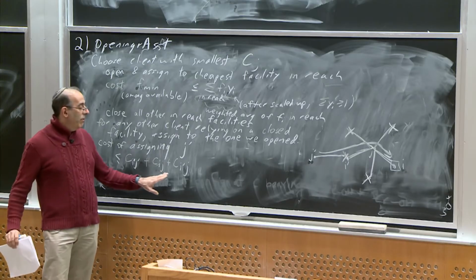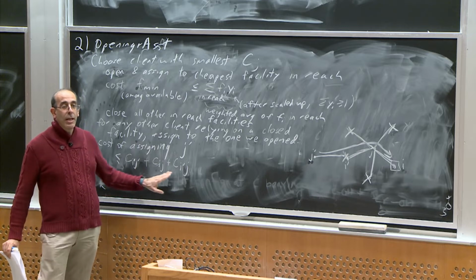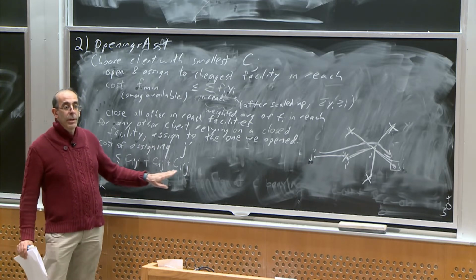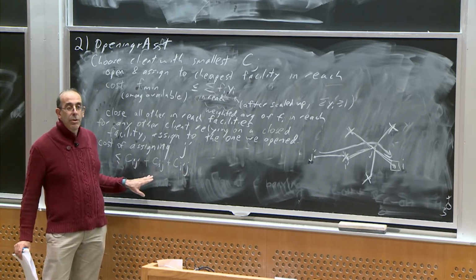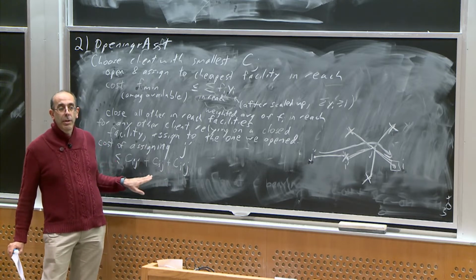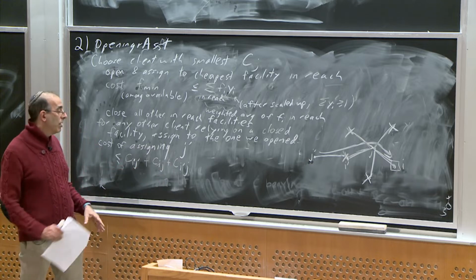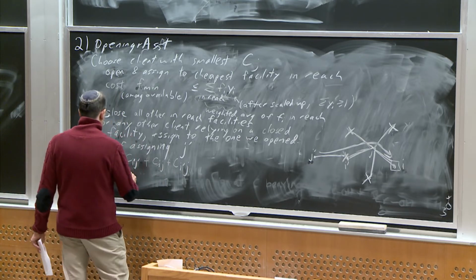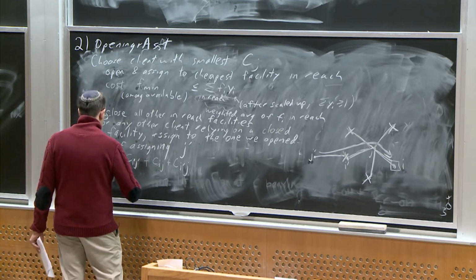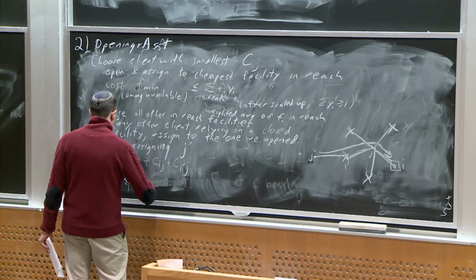I have here individual assignment costs, but I made sure that any non-zero assignment is to not too large a distance, that everything is kept in reach. So in particular, this one is at most rho times CJ prime.